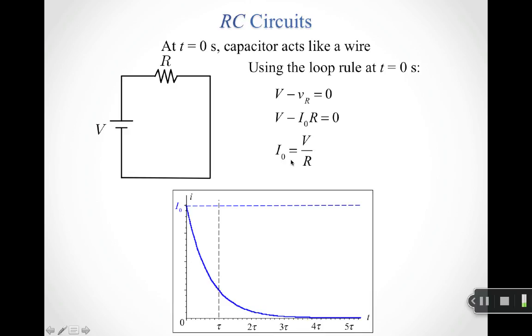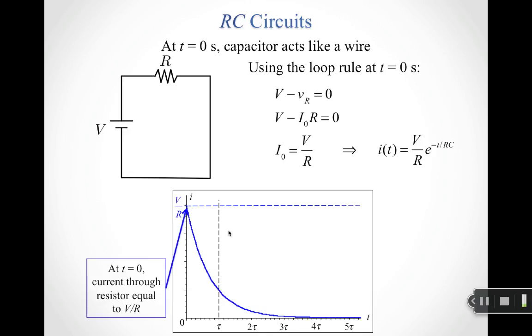So I'm going to start at t equals 0 with a current value that's equal to V over R. So this I naught, again, I can figure that out in terms of the other elements in my circuit, the voltage of the battery and the resistance of the resistor.